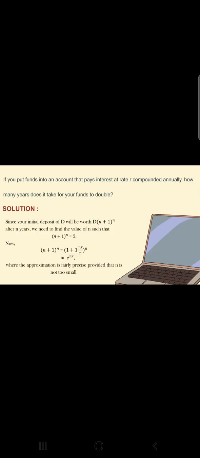So now we are going to calculate how many years your funds will take to double. Since your initial deposit of D will be worth D(1 + r)^n after n years, we need to find the value of n such that (1 + r)^n is equal to 2.